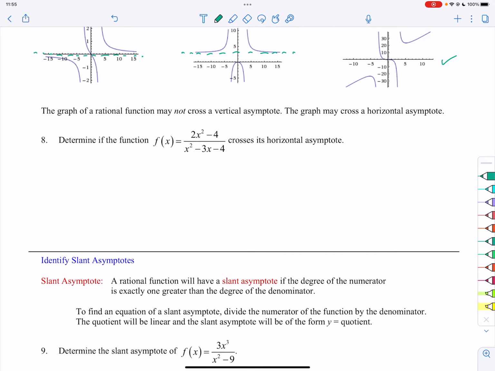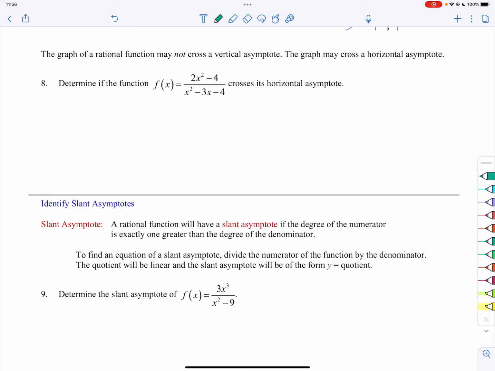Okay, the graph of a rational function may not cross a vertical asymptote. However, the graph may cross a horizontal asymptote. So how can we tell if the function is going to cross its horizontal asymptote? Let's first find the horizontal asymptote.